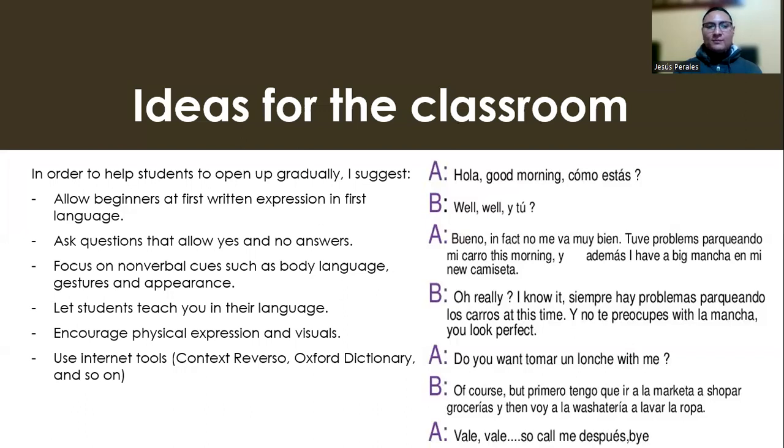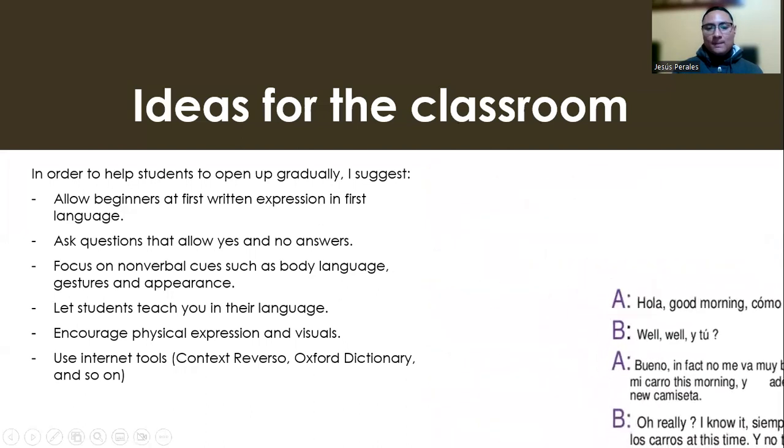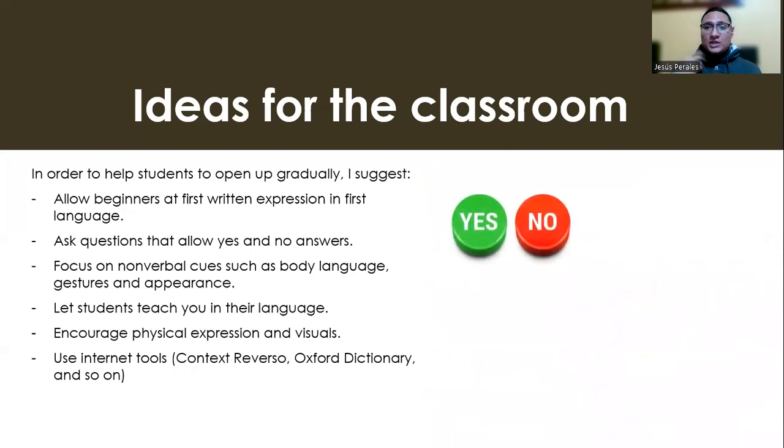Then we have the allowance of questions that could be answered with yes or no. In this case, we are not expecting our students, probably at first, to say the whole composition, right? Or their whole best manner, the best way possible to answer a yes or no question that requires the auxiliary verb.